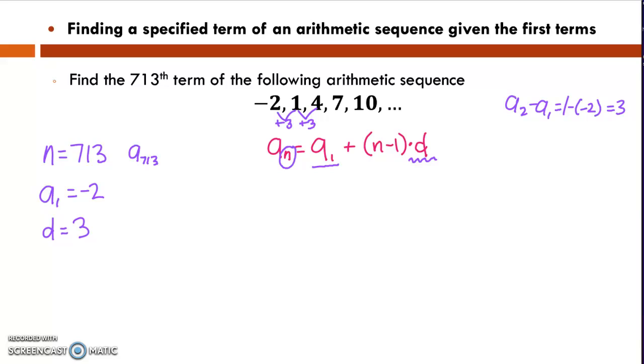Now, with all of this information, I can say I'm trying to find a sub 713. That's going to be equal to a sub 1, which is negative 2, plus n minus 1 times D, which is 3. But what is n minus 1? Well, if n is 713, this is 713 minus 1.